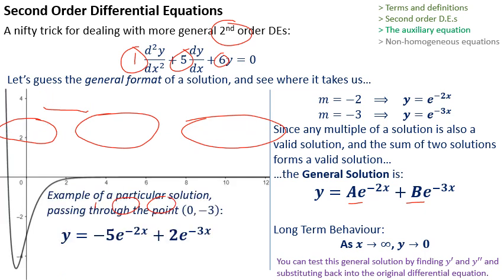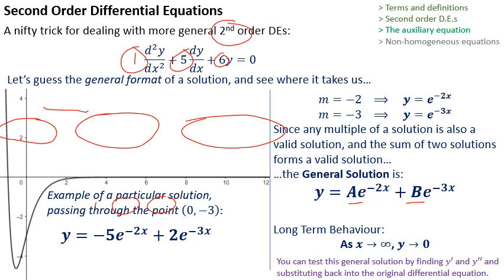Here's one example that I've come up with. If we have minus 5e to the minus 2x and a positive 2e to the minus 3x, this will be an example of a particular solution to the differential equation that goes through the point 0, minus 3. You can see it has some interesting behavior close to 0, comes down from positive infinity, and then it has a minimum point before going up towards an asymptote at 0.